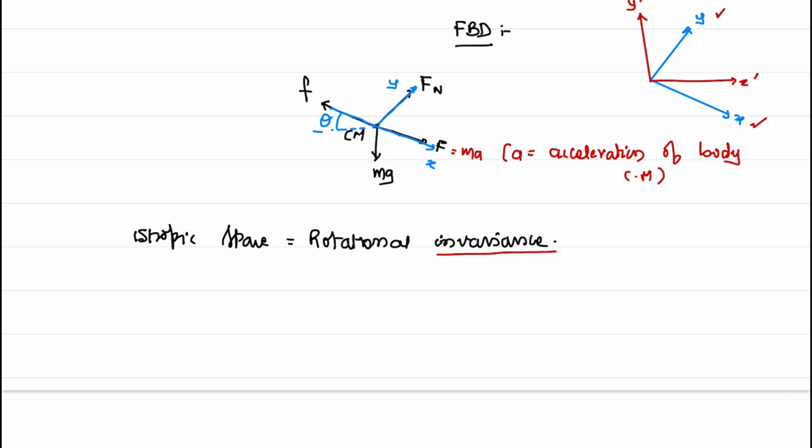Until and unless it is provided or mentioned clearly that the space is not isotropic, consider the space as isotropic and also homogeneous. Because these are the spaces where Newton's laws of motion are applicable.